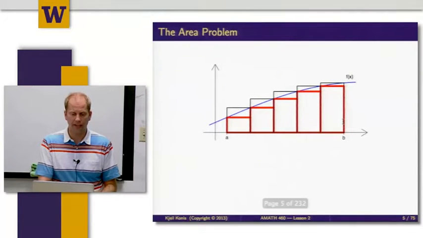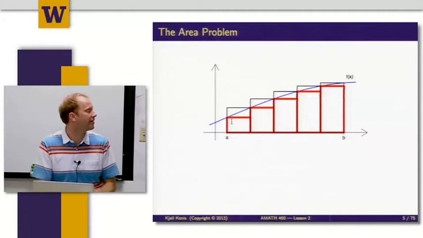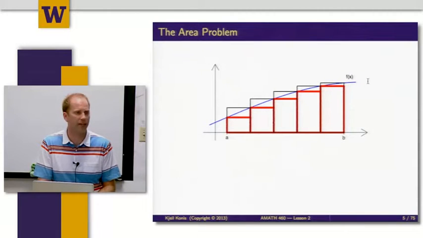But the approach we're going to take is just to make a lower bound for this area and an upper bound for this area. So the lower bound is going to be these red rectangles. I've made this diagram a little bit simpler just by making the curve upward sloping everywhere. So I'm going to evaluate the height of the rectangle at the left side of each rectangle, and that means that each rectangle is completely below the curve.